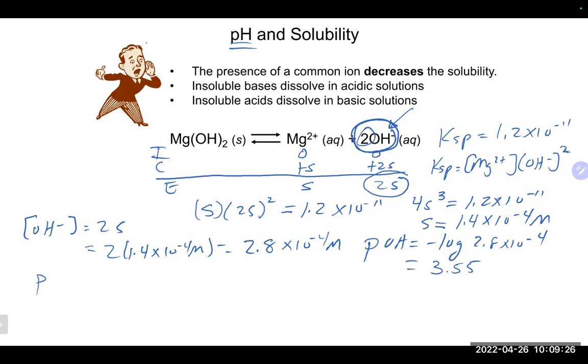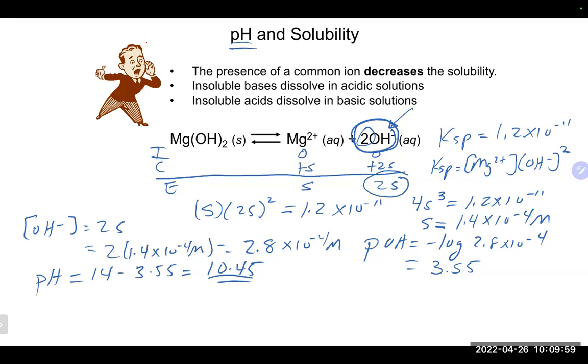And that would obviously give us a pH of 14 minus that, giving us 10.45 in terms of the pH in this case. So one application here is you can use something like Ksp when you're dealing with acids or bases: do your Ksp table, you could get your OH minus concentration, or you can even get your H plus concentration, which would allow you to calculate the pH of this solution.